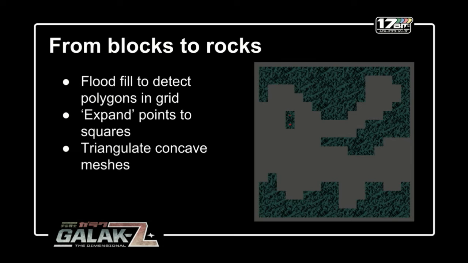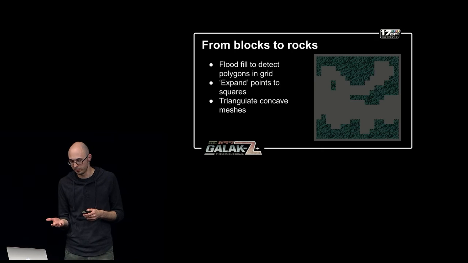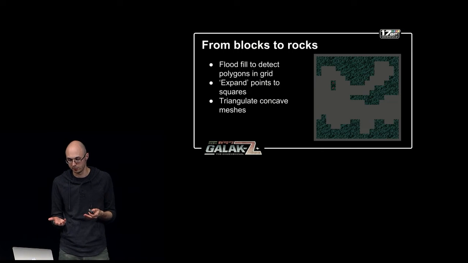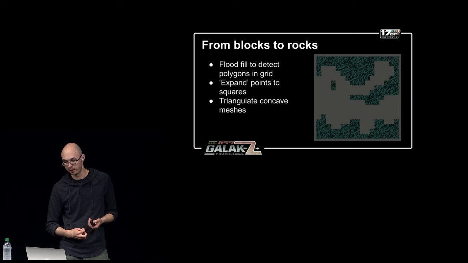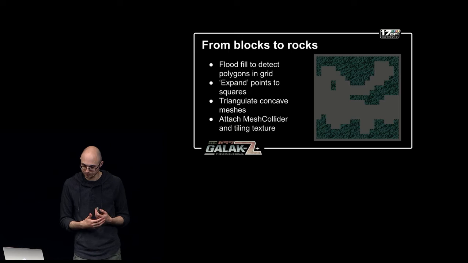Triangulation is a fairly simple algorithm. I mean, it's not simple, but it's known and it's solved, so I'm not going to go into it here. And from this, we end up with mesh objects that we can then plug into a mesh filter and add a mesh renderer and a mesh collider in Unity, and that gives us our collision data and the actual look and feel of it.